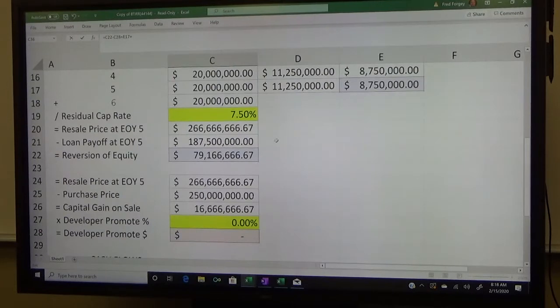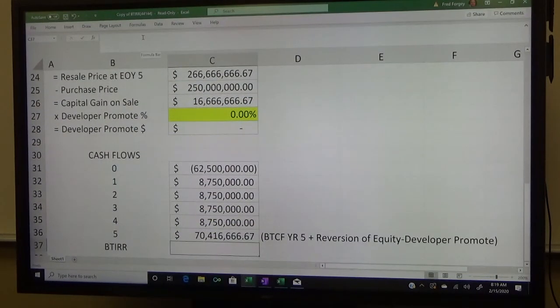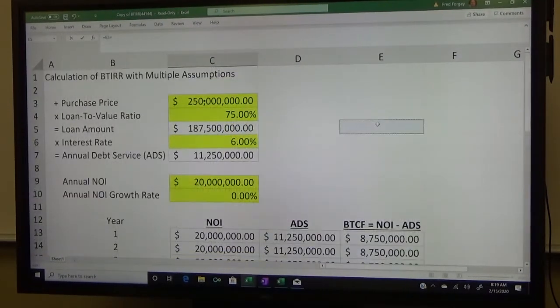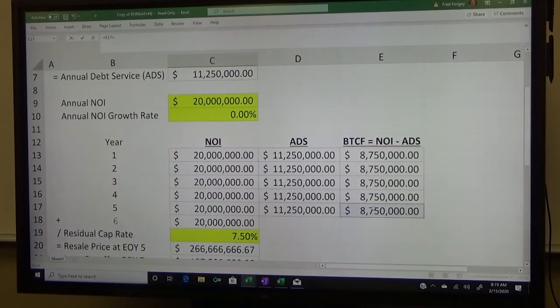Equals the minus. Try that one more time. Plus capital gain.